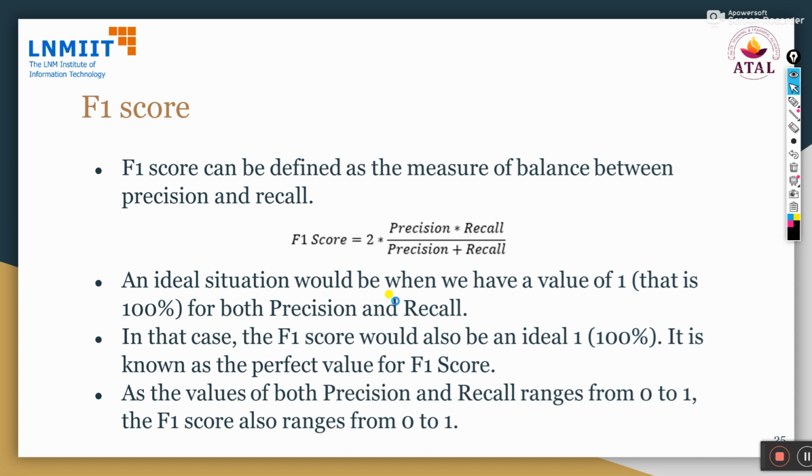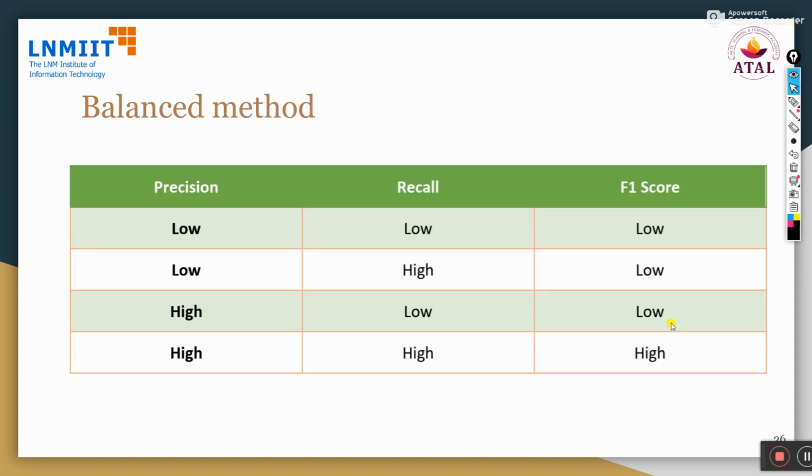So F1 is a kind of balance between the two. When precision is low and recall is low, in that case F1 score will be low. When precision is low and recall is high, F1 score would also be low.